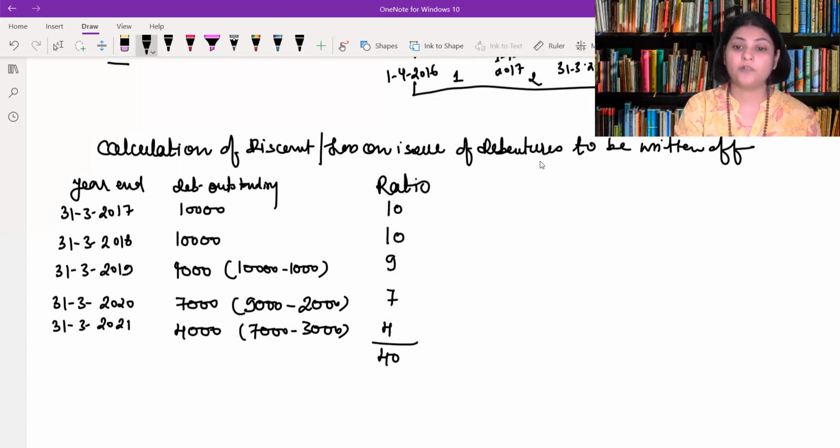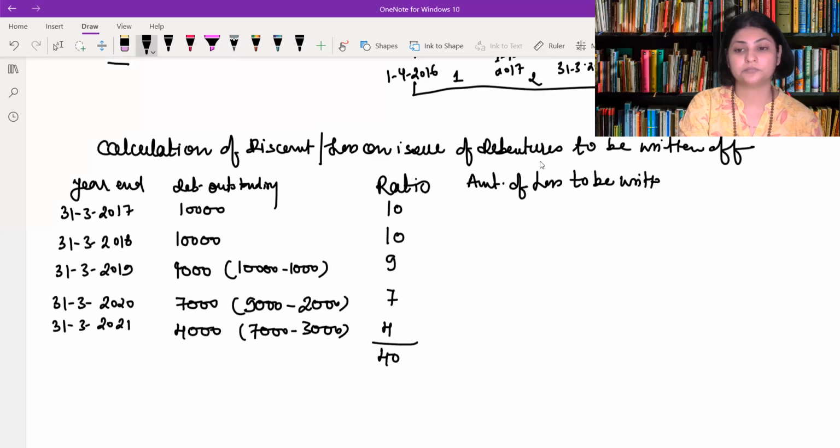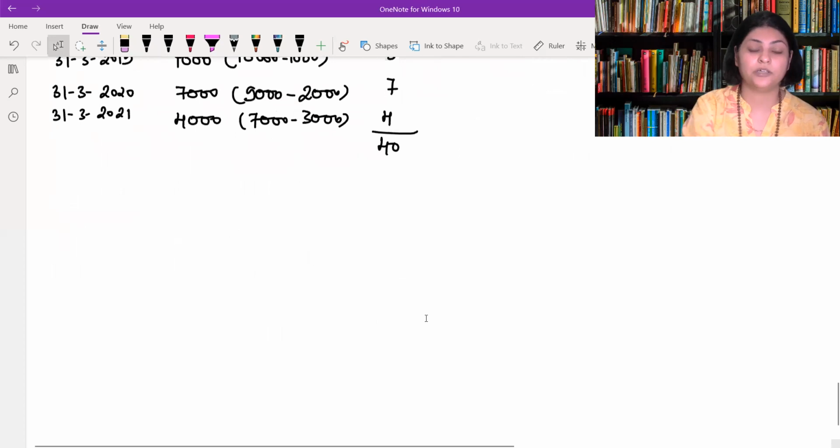Now I will write the amount to be written off, amount of discount, amount of loss to be written off. For that, first of all, I will write down over here what is the amount of loss.